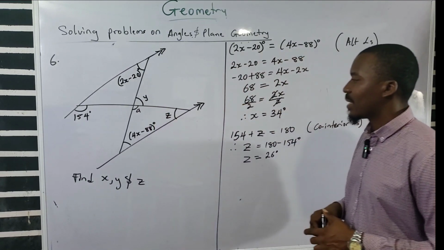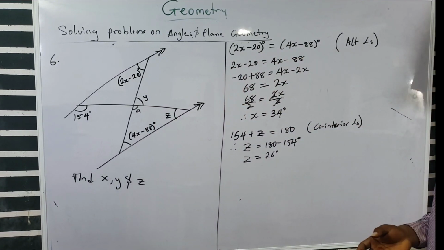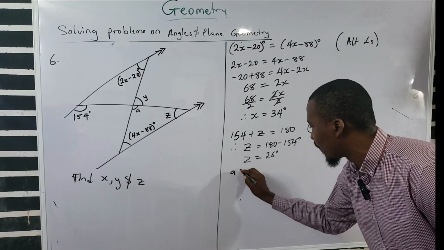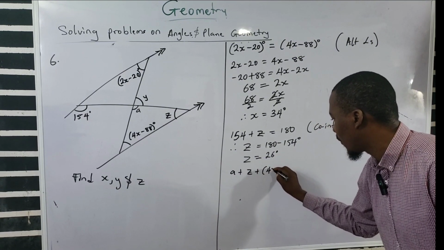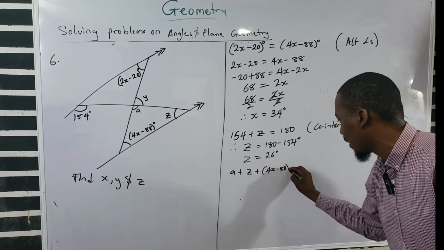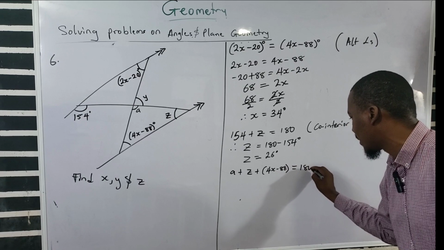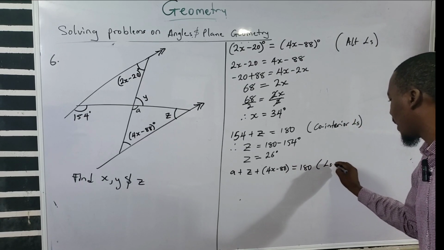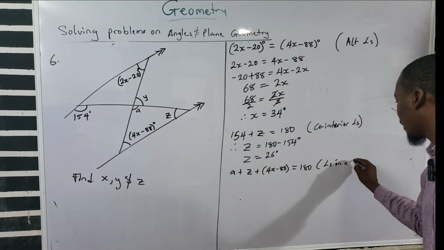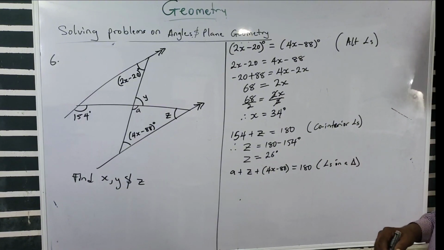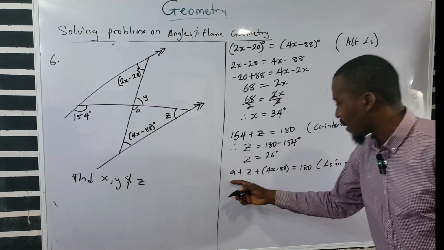So if I find my a, I can easily find my y. So how can we find our a? a plus z plus 4x minus 88 will give us 180, sum of angles in a triangle. So with that now we can get our a.